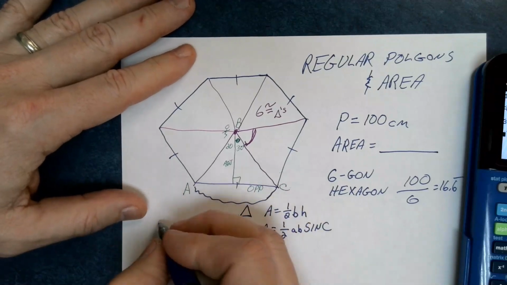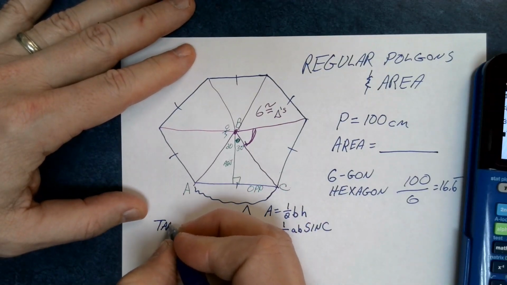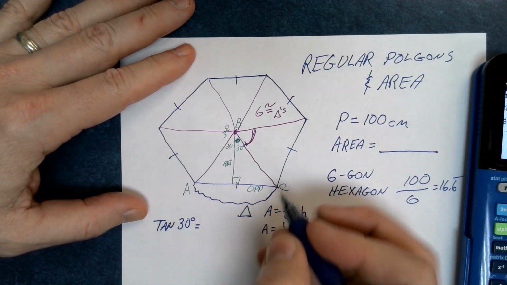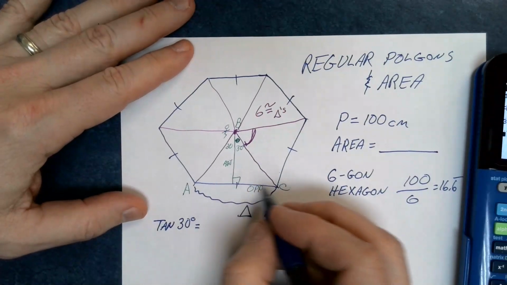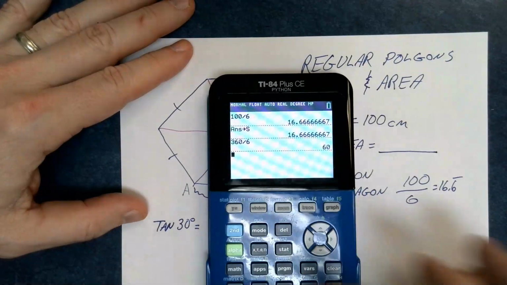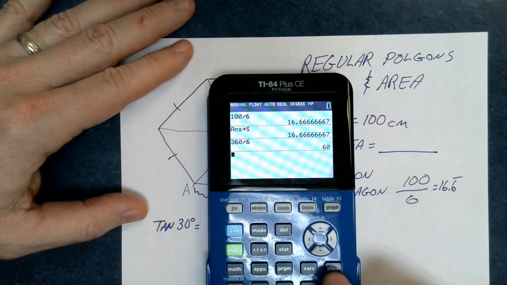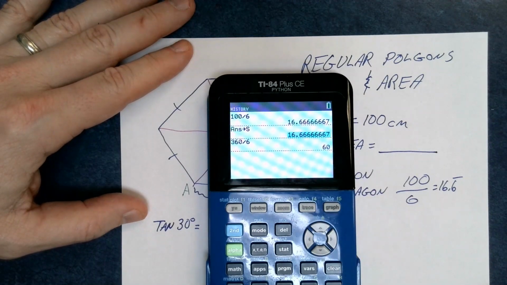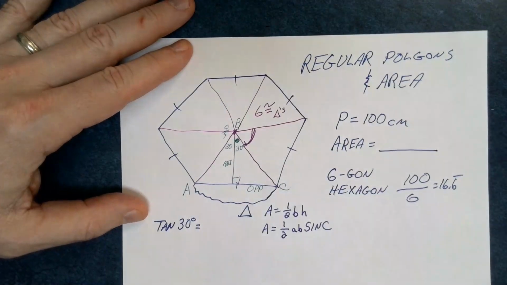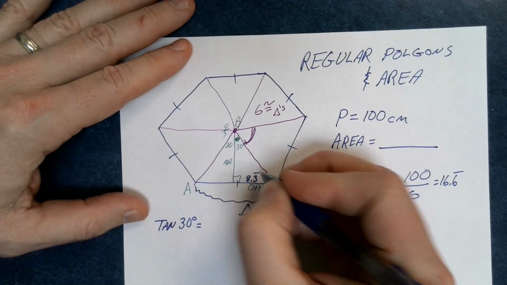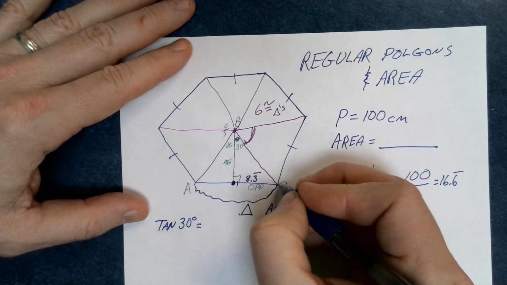So I can write the tangent of that 30-degree angle is equal to the opposite side, which happens to be half of S, yes, half of S. So S was 16.6, what we had, right? Divide that by 2, I get 8.3 repeating. So this length is 8.3 repeating, and that's from there to there.